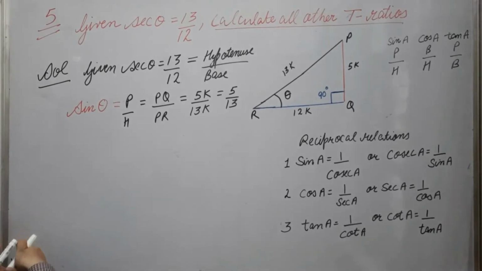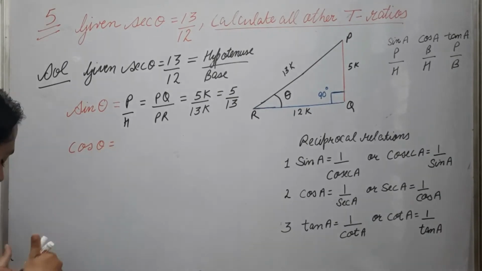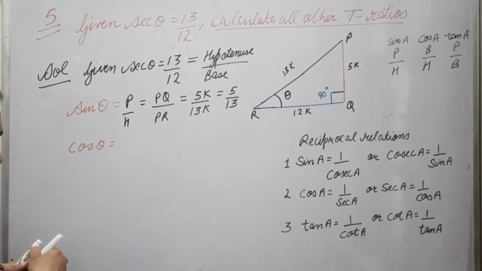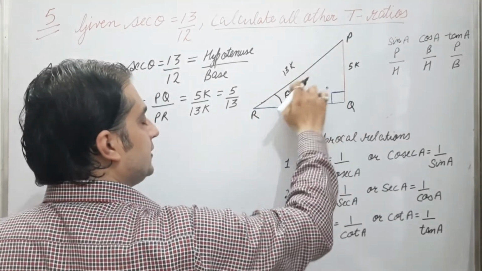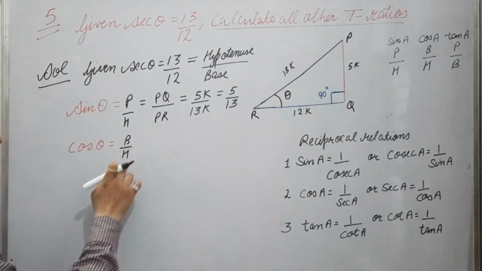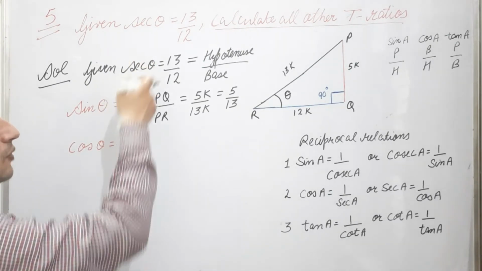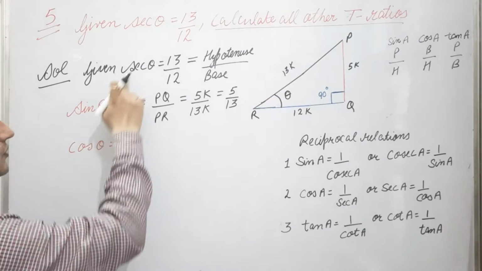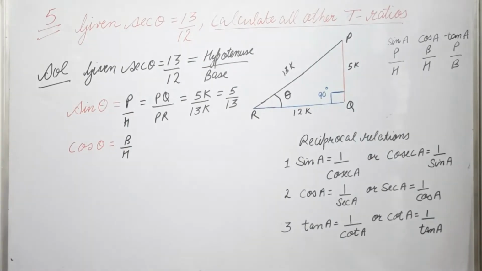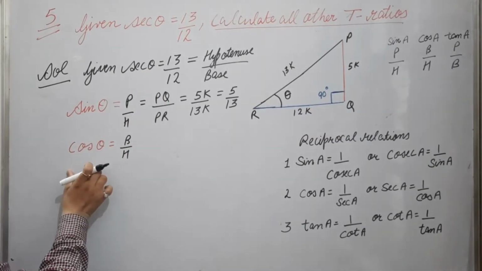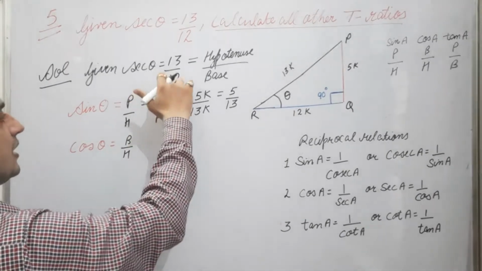Now the next T ratio is cos theta. Cos theta is base upon hypotenuse. If the side opposite is perpendicular, then the adjacent is base. Cos theta is the reciprocal of secant theta, because these two are reciprocal relations. So cos theta is base upon hypotenuse, secant is hypotenuse upon base.